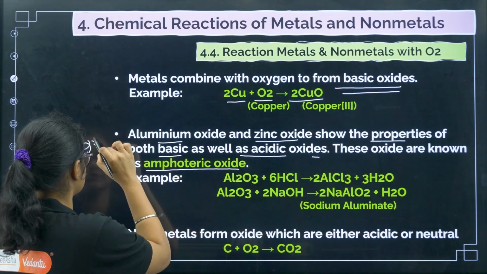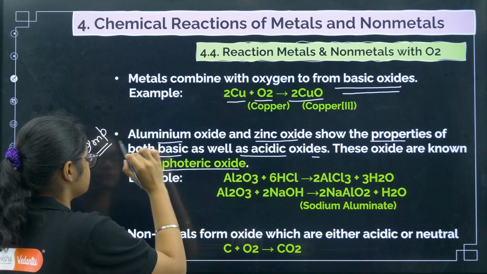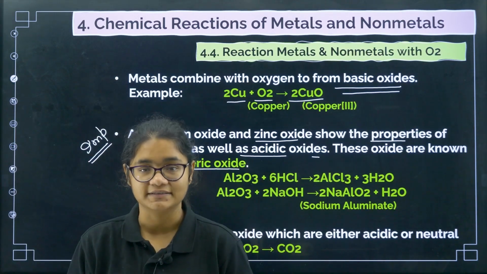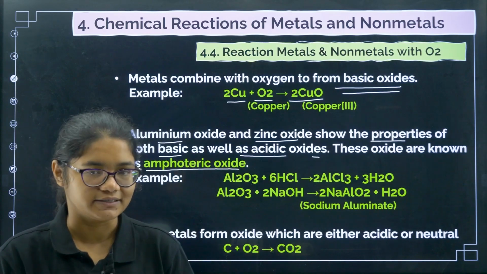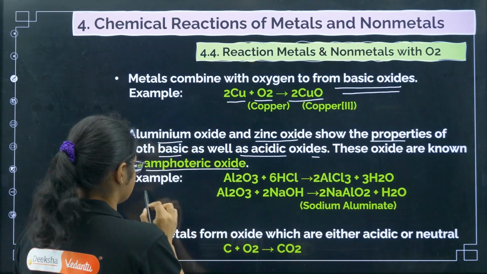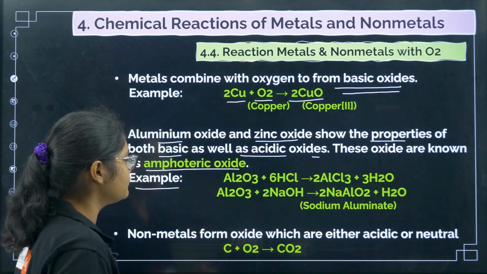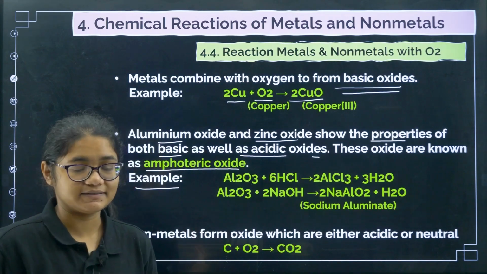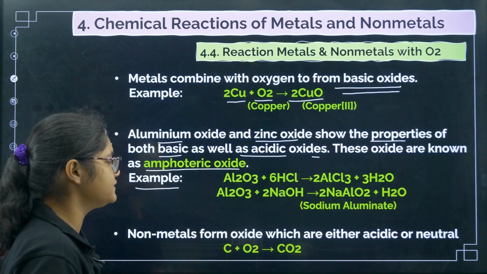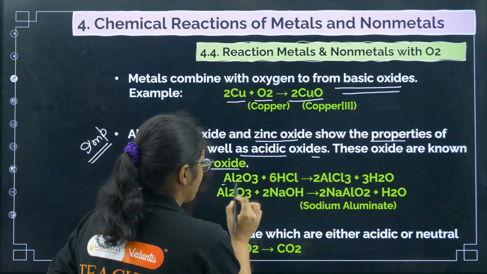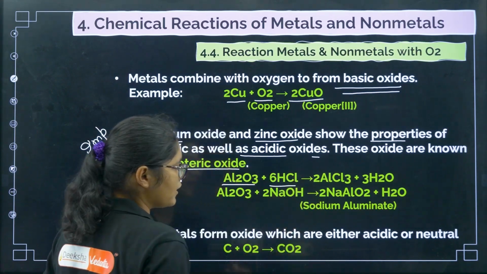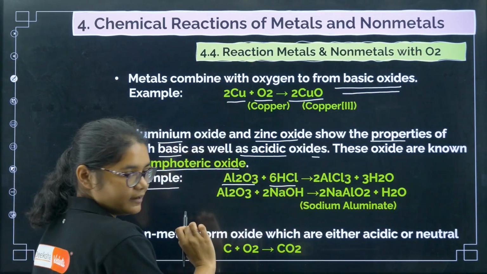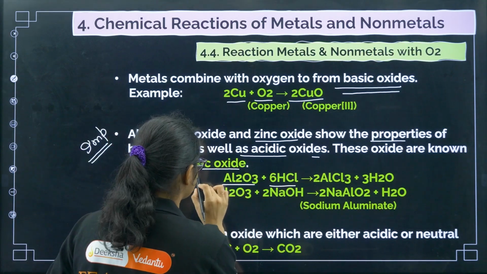What are amphoteric oxides? Those oxides which show the properties of both basic and acidic oxides are called amphoteric oxides. Now, what do you mean by behaving as basic oxides and acidic oxides? See, if you take aluminium oxide and treat it with HCl, it is reacting with HCl, so this one is behaving as a basic oxide.